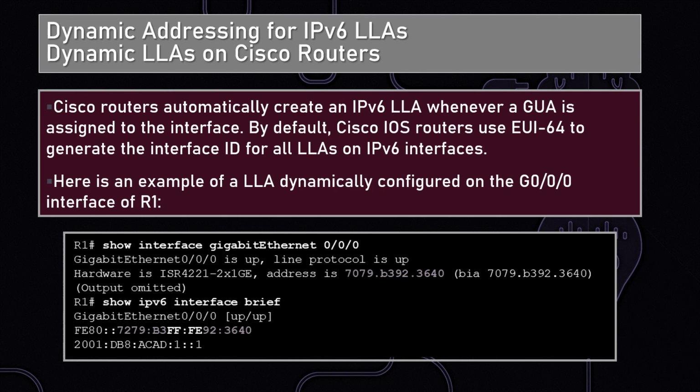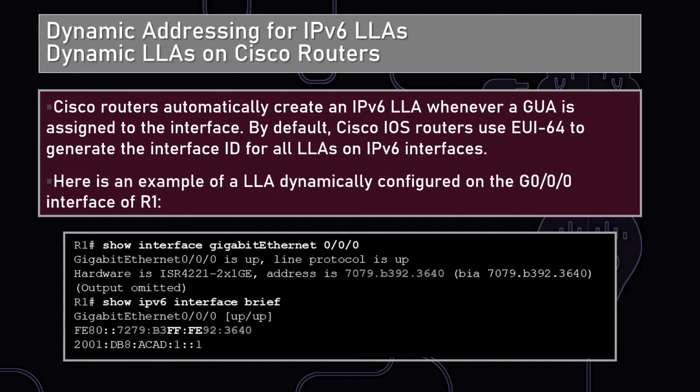Now, Cisco routers will automatically create an LLA wherever a GUA is assigned. And by default, Cisco IOS uses EUI64 as opposed to a random generation. Very happy about that. Here's an example of the configuration for G0/0/0 on R1. We see that we've got our standard BIA, or burned-in address, 7079 B392 3640. We're going to change the 7th bit from a 0 to a 1.